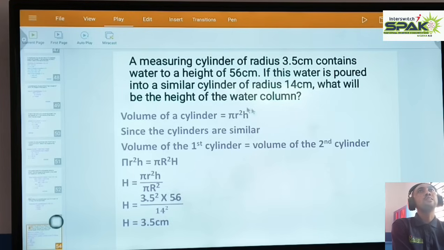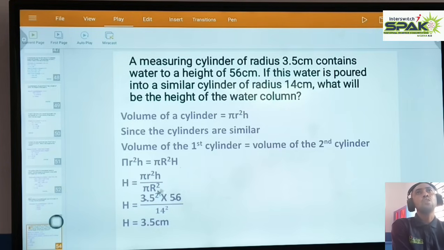So, since the volume of a cylinder is pi r square h, we take pi r square h, small r, small h for the first cylinder, then capital R and capital H for the second cylinder. So to now find the value of capital H, which is the height of the water now in the second cylinder, we divide both sides by pi capital R square.